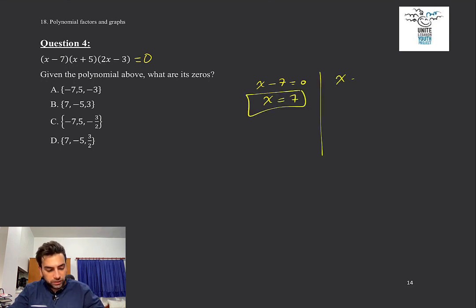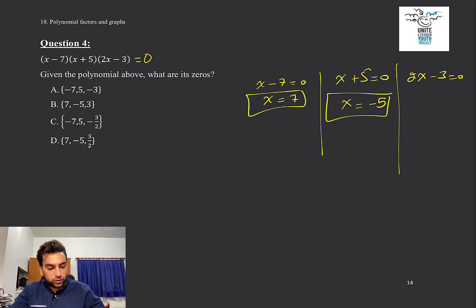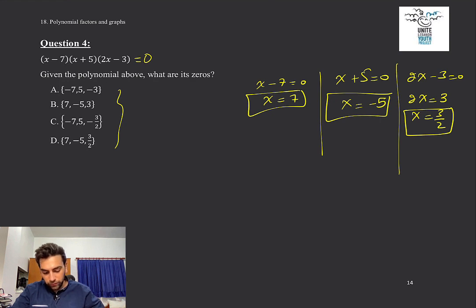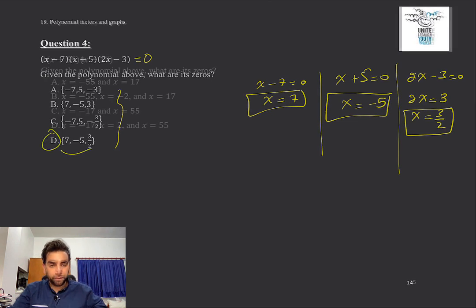We have x plus 5 equals 0, which gives me x equals negative 5, and 2x minus 3 equals 0, which gives me 2x equals 3, so x is equal to 3 over 2. Looking at my choices here, my only case is when the roots are 7, negative 5, and 3 over 2, which is D.